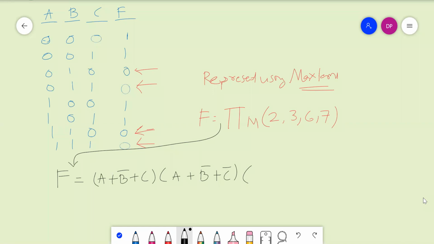Roll number 13 B10, are you there? Roll number 16. B10 21. 26.